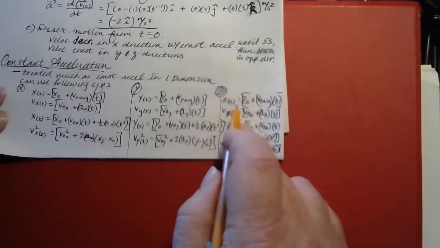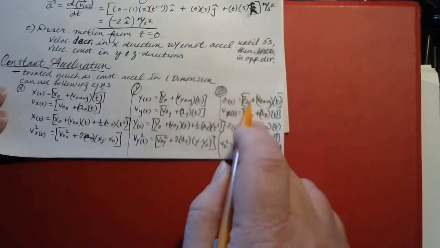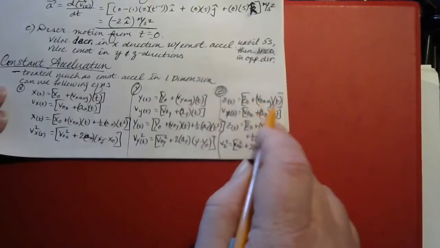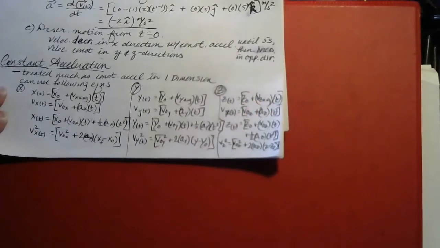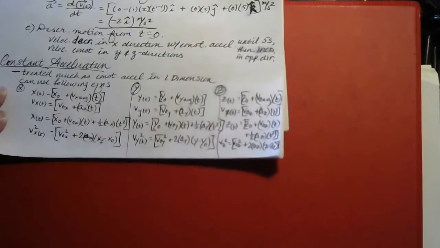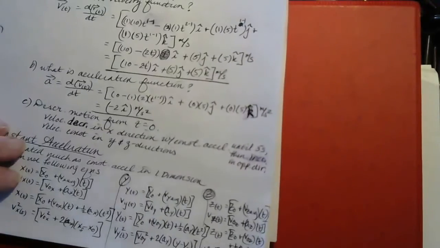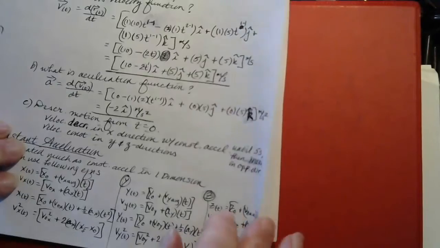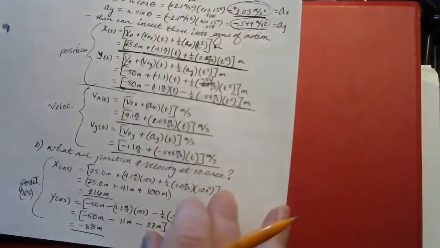Well, position z as a function of time equals z original plus vz average times t. So again, the equations for the 3 different directions are all the same. It's just that you use the direction x, y, or z.